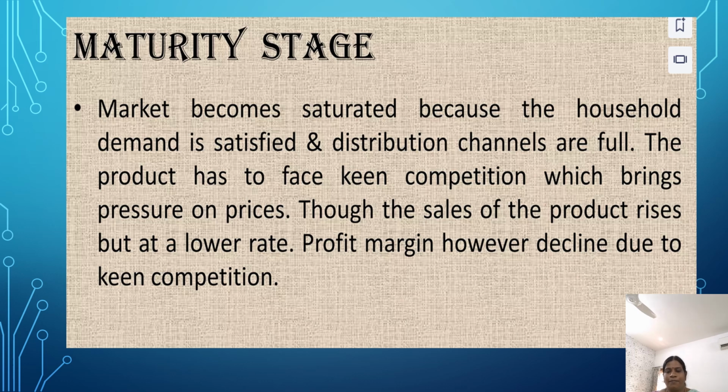In the third stage, the maturity stage, the market becomes saturated because household demand is satisfied and the distribution channels are full. The maturity stage is also known as the peak stage. The product has to face keen competition, which brings pressure on prices.